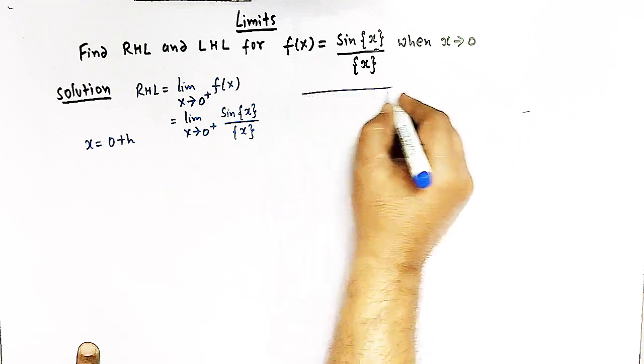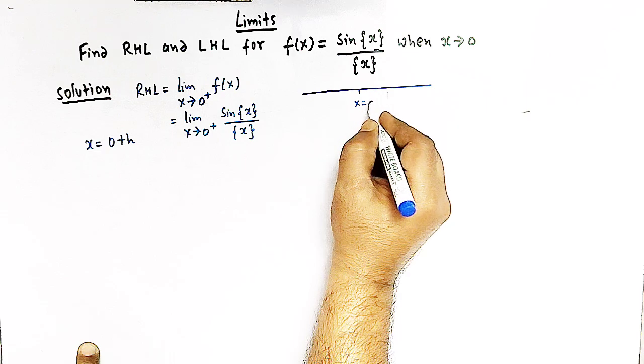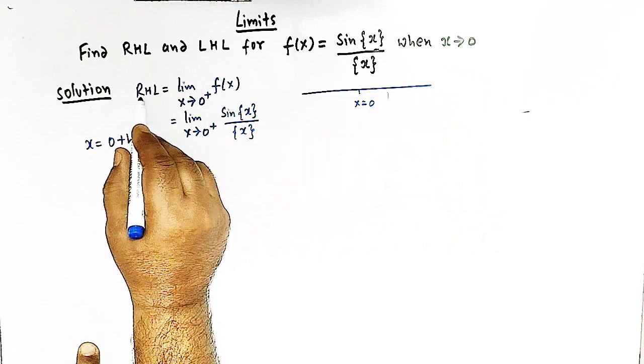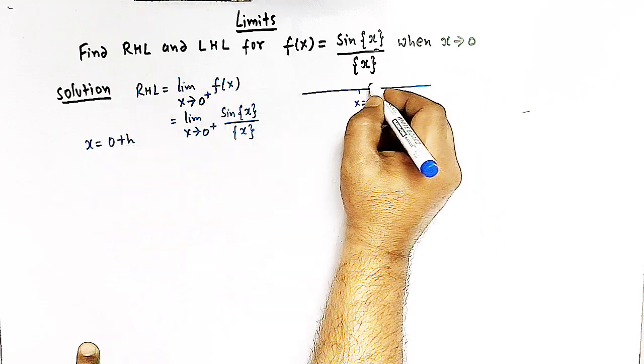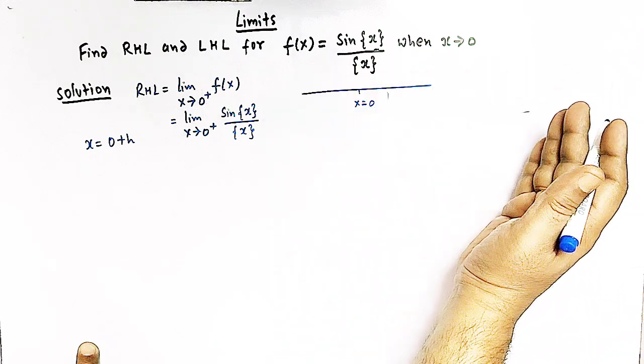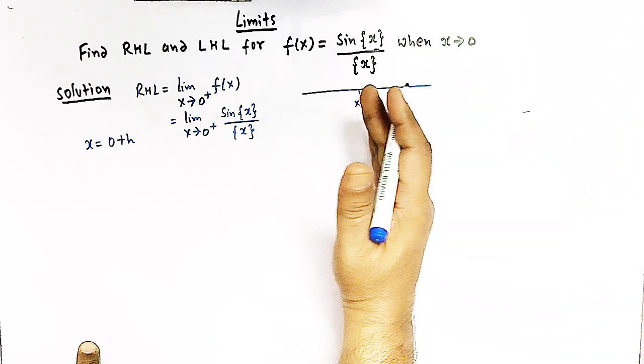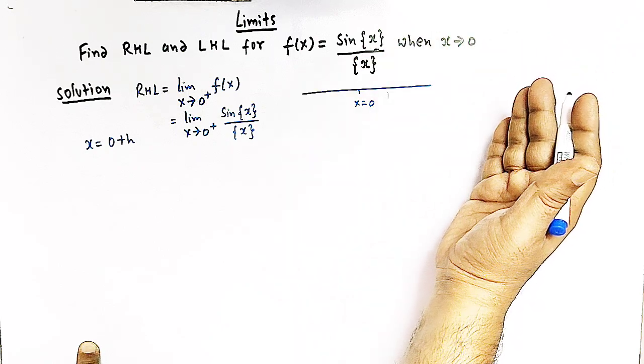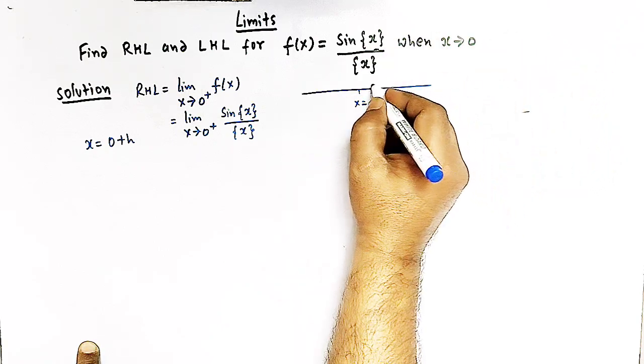When we find the right hand limit, we approach x = 0 from the right, that is from all values of x which are greater than 0.